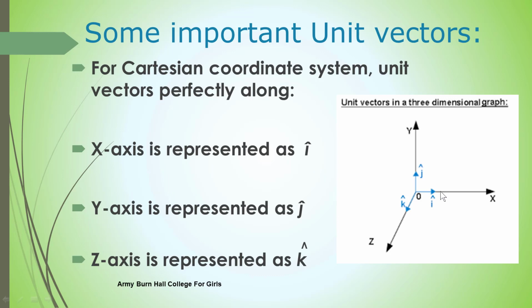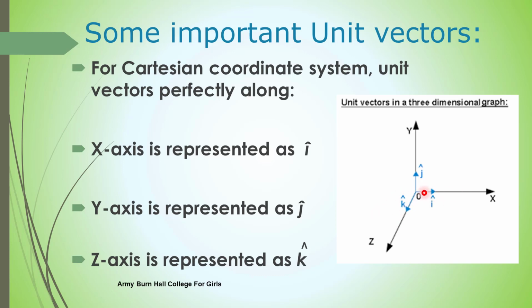We can check whether a vector is pointed along the x-axis, y-axis or z-axis. We have given proper names to the unit vectors along each axis. A vector perfectly along the x-axis is represented by i hat, the unit vector perfectly along the y-axis is j hat, and the unit vector perfectly along the z-axis is k hat.